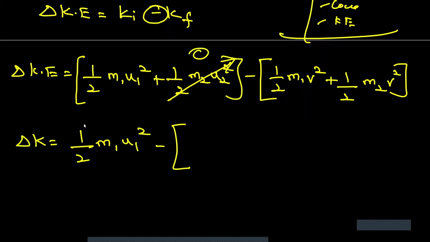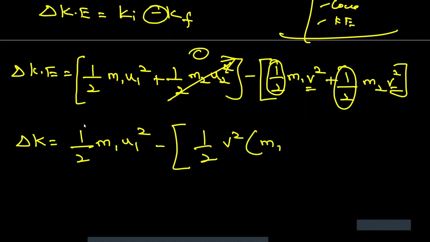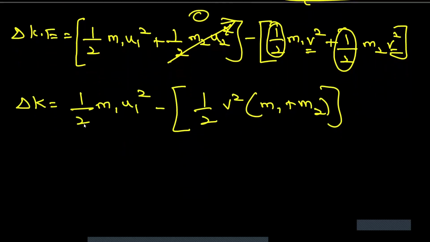There are two things which are common, in fact: half is common in both places, as well as v square. I'll take half v square common. After taking common, m1 plus m2 is left.